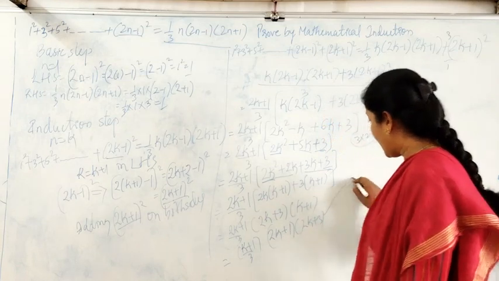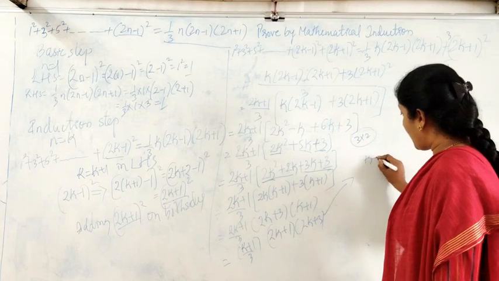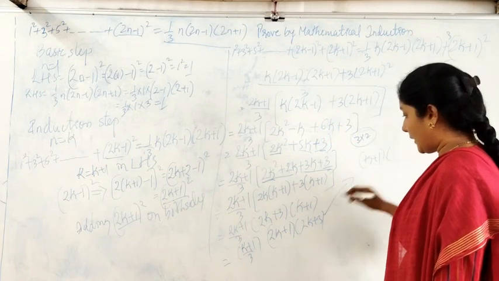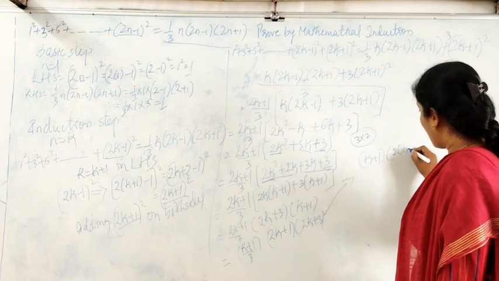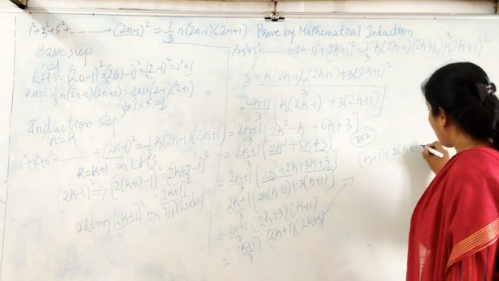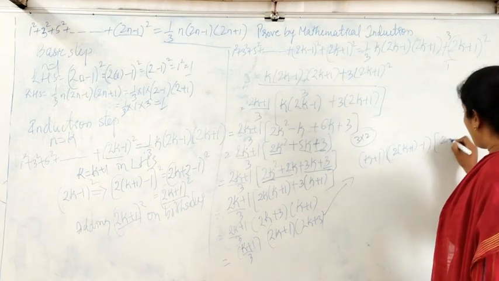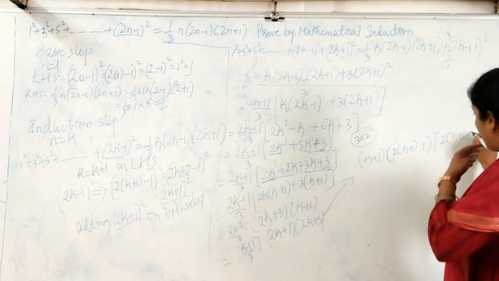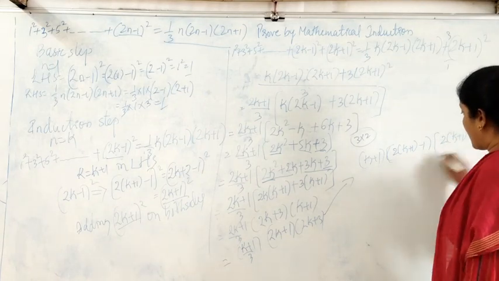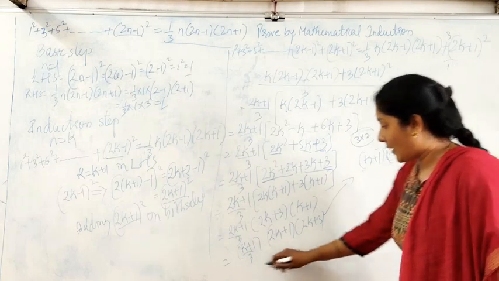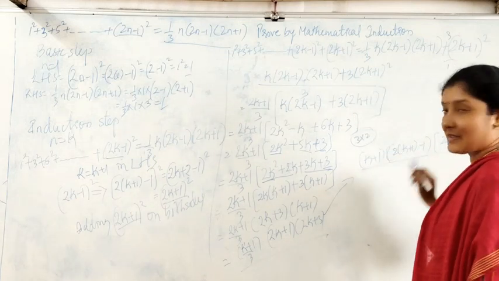Once again, I will write this as (k plus 1) into 2 into (k minus 1), (k plus 1) minus 1, okay, and 2 into (k plus 1) whole divided by 3. So I have written this as this.